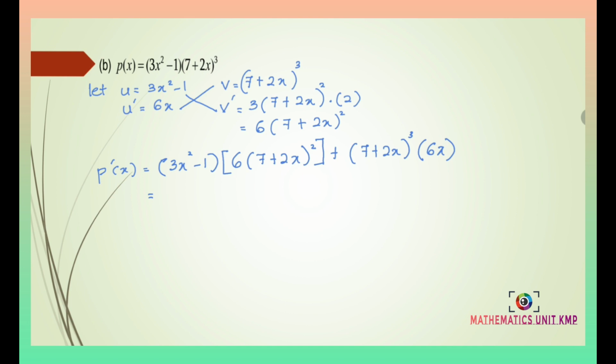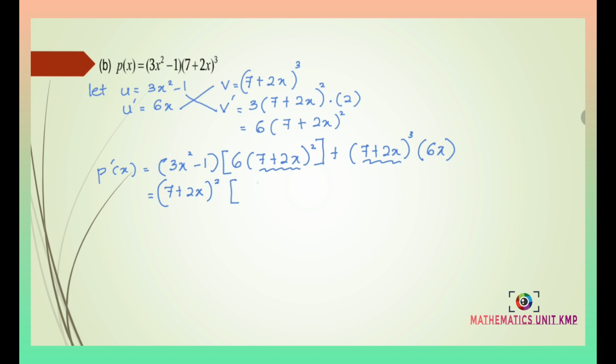Now we have to simplify the answer here because we have the common factor in both terms. So we take out the common factor, and we have to choose the smallest power here, 2.